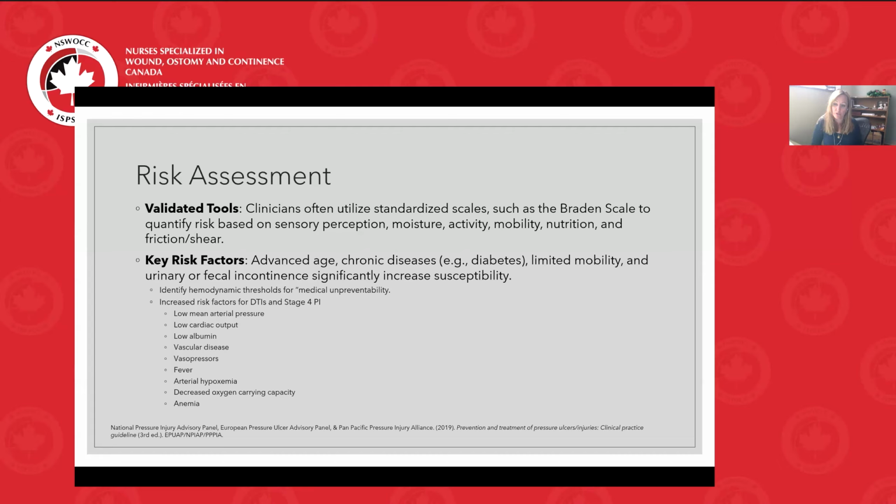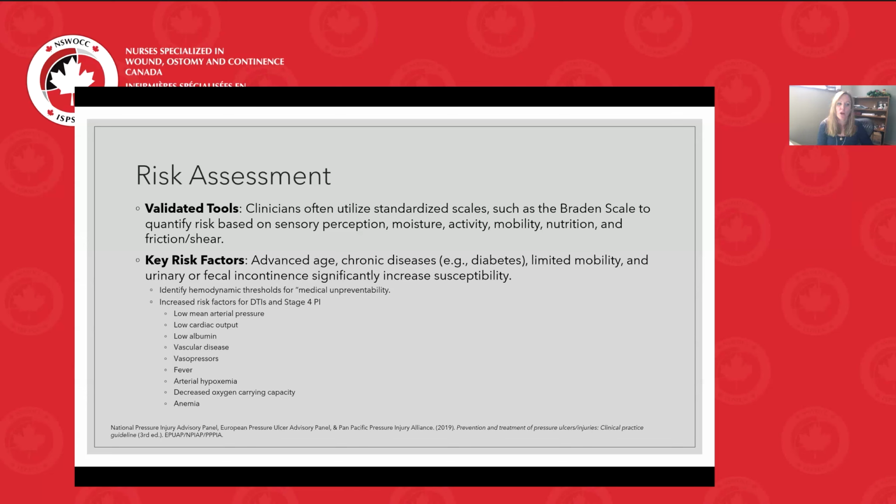Do they have a spinal cord injury? And if they do, at what level is that injury? And then we want to make sure, are they incontinent of urine or fecal? And if they are, how do we prevent or manage that so that they won't be at a higher risk for the development of a pressure injury?